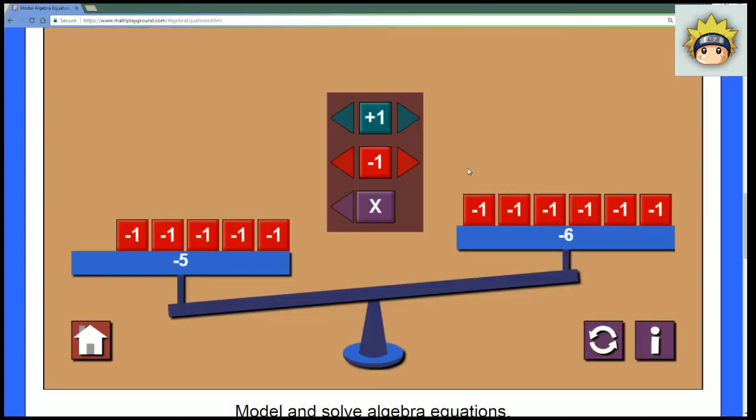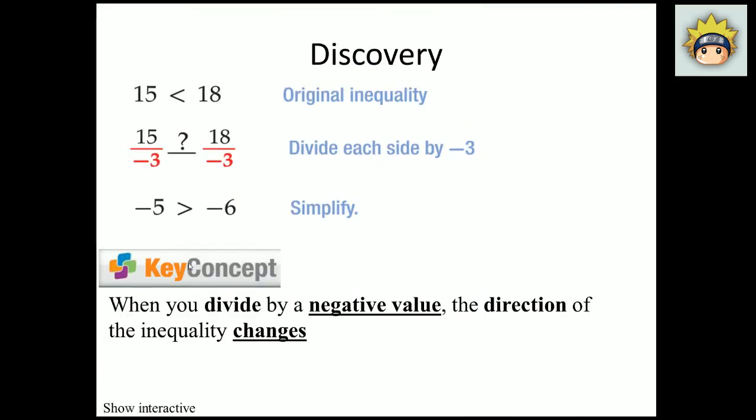You saw how the scale changes sides. The inequality changed. So in the process of dividing by that negative value, in our case negative 3, the direction of the inequality changes.